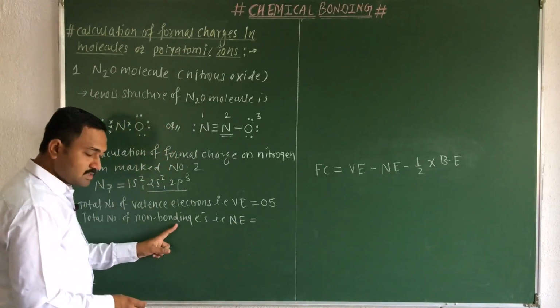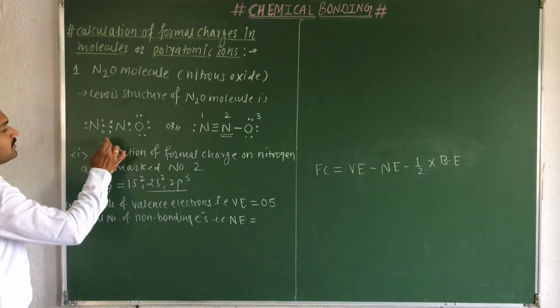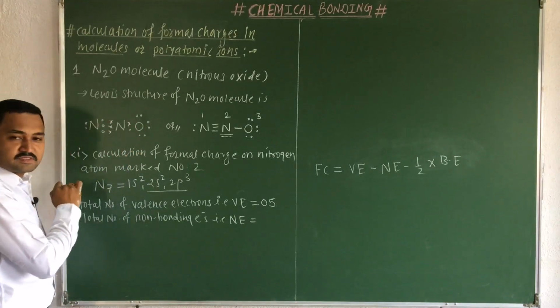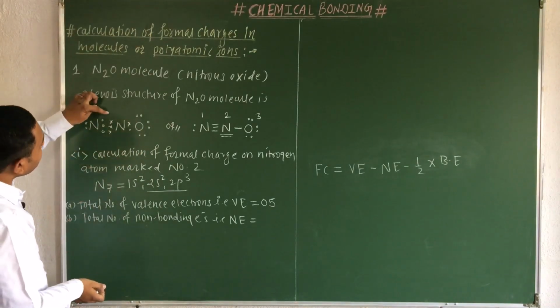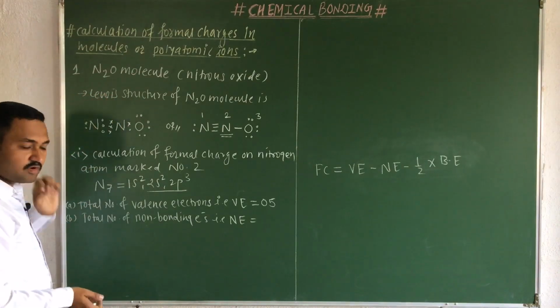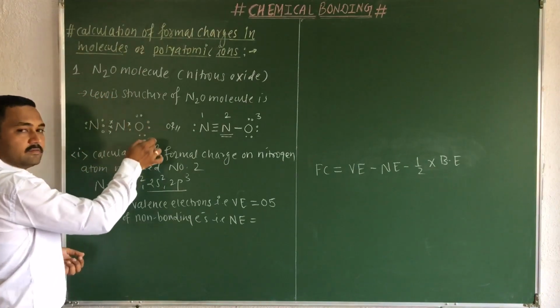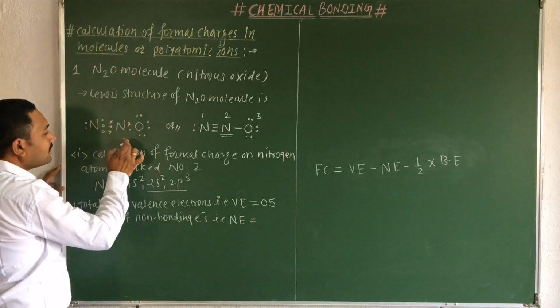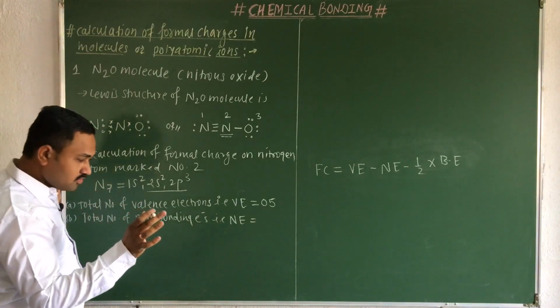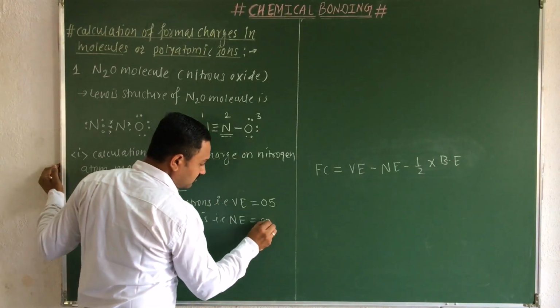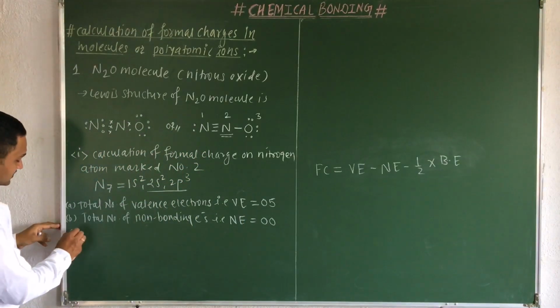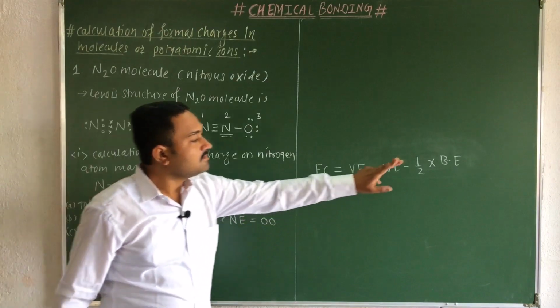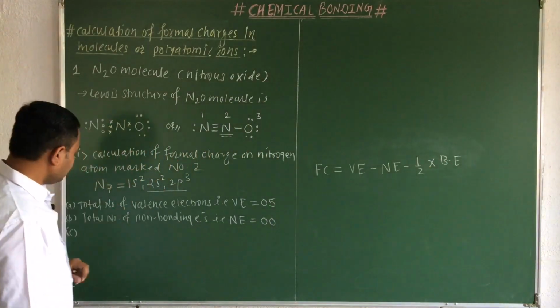Non-bonding electrons are nothing but your lone pairs of electrons. If I find out how many lone pairs of electrons are present on this nitrogen atom, there is no lone pair. Remember, this is a bonding pair, this is also a bonding pair, but this is the lone pair. So particularly on this nitrogen atom there is no lone pair, therefore the non-bonding electrons will be equal to 0.